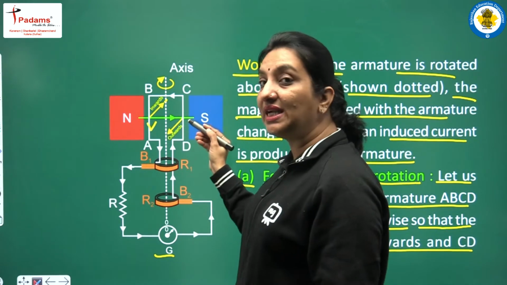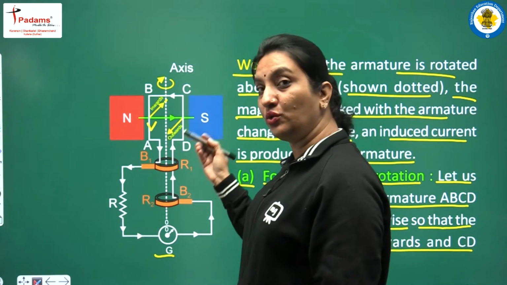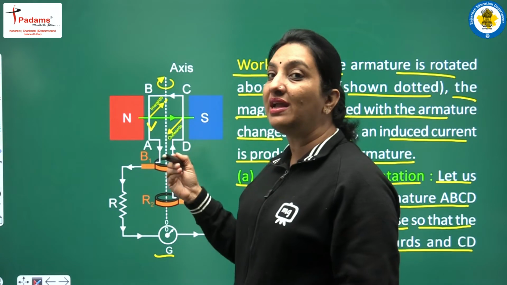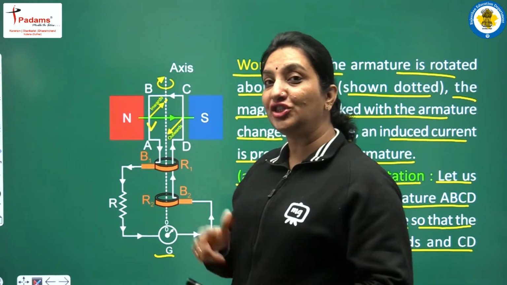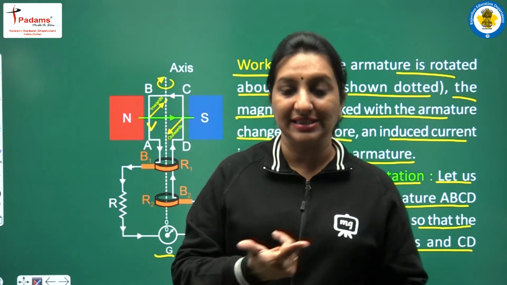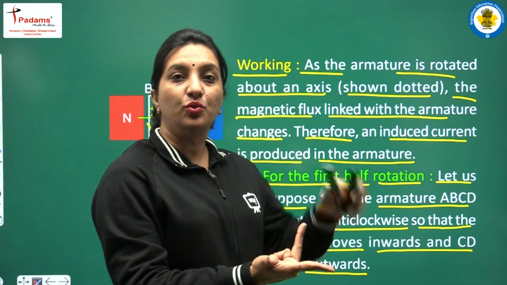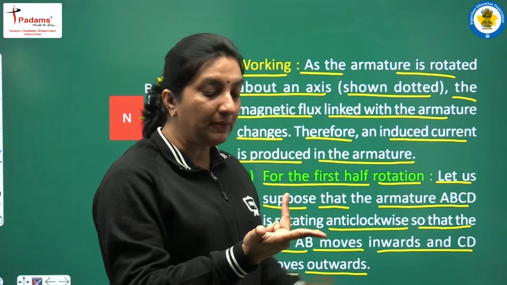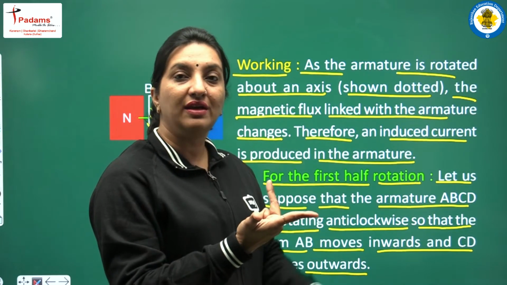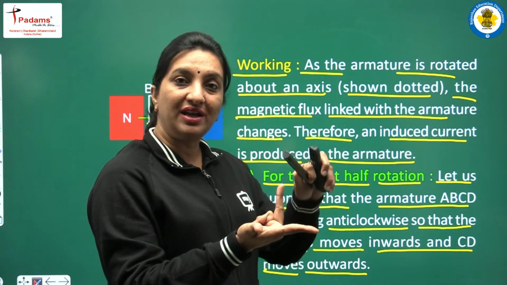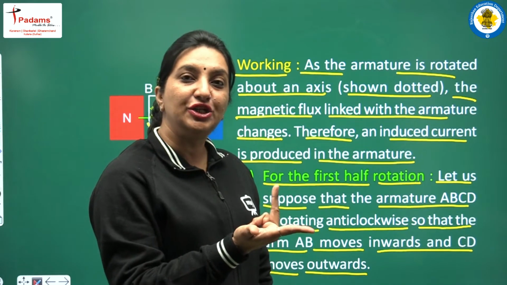Similarly, we will find the direction of induced current in the CD arm. This CD arm is moving outwards and the direction of magnetic field is again the same. Here the thumb will point towards the direction of motion and the forefinger towards the magnetic field, so the middle finger will point towards the induced current.